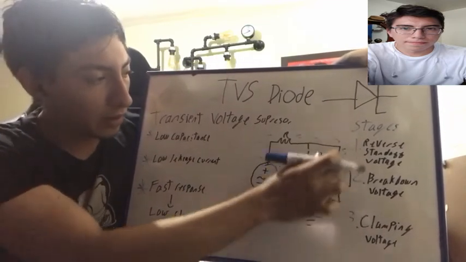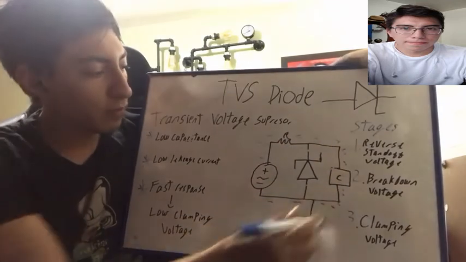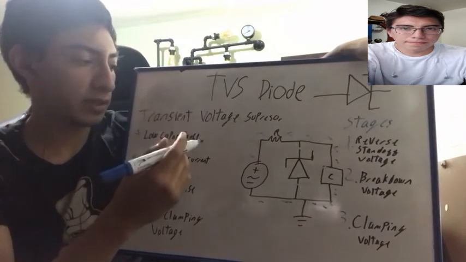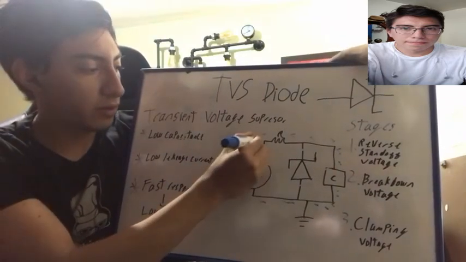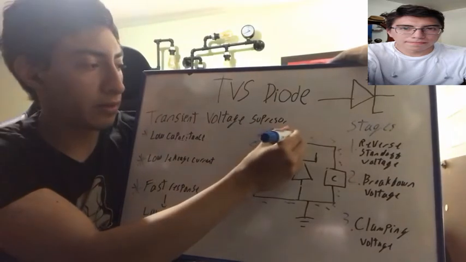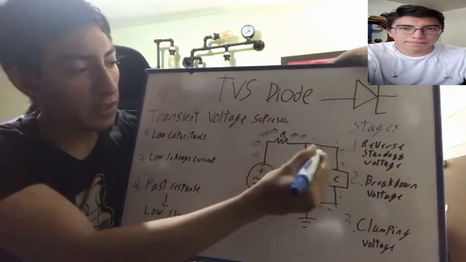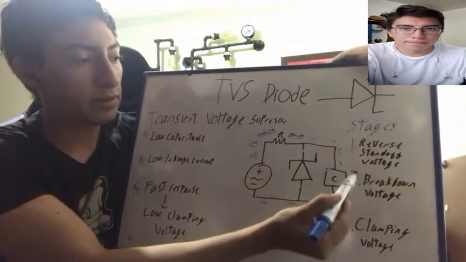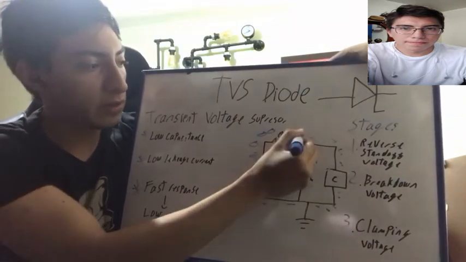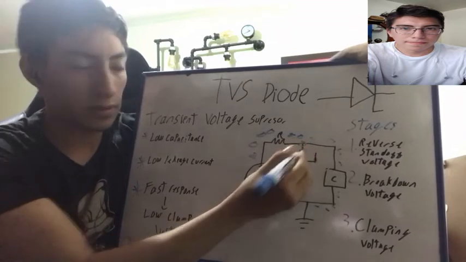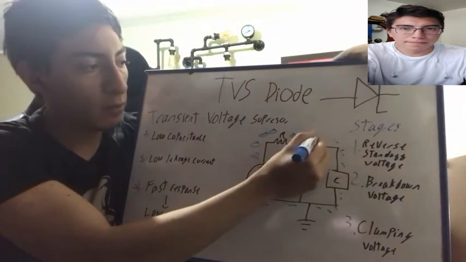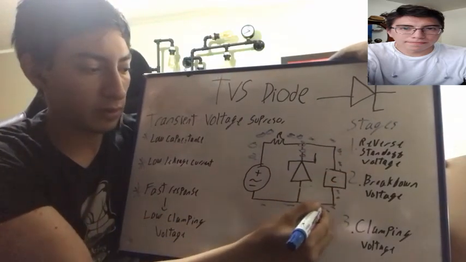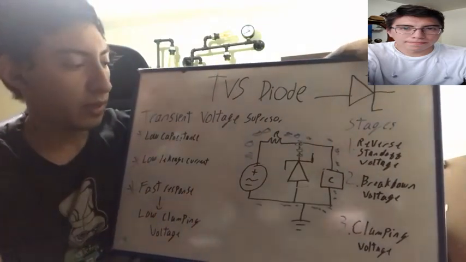But when the alternating voltage rises, reaching a high voltage level, it will produce a higher current. This will be detected by the TVS diode, and it will enter into a breakdown voltage, in which it will start conducting these high voltages, while the small voltages will continue to flow over the normal other circuit.